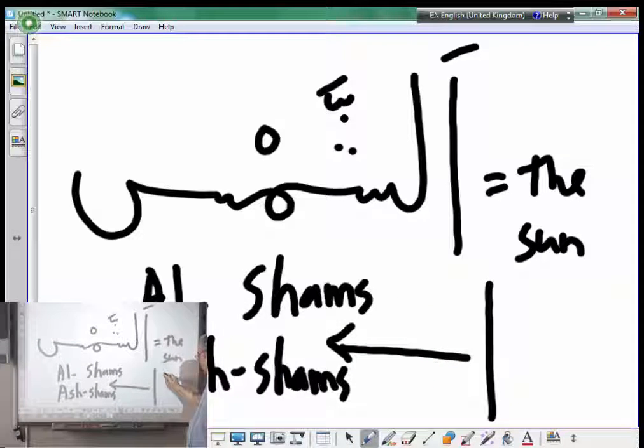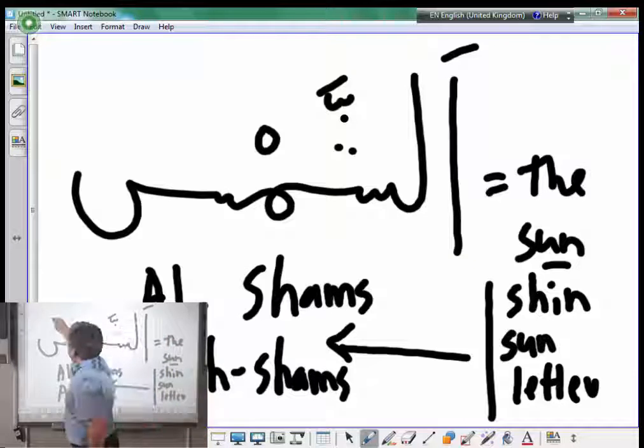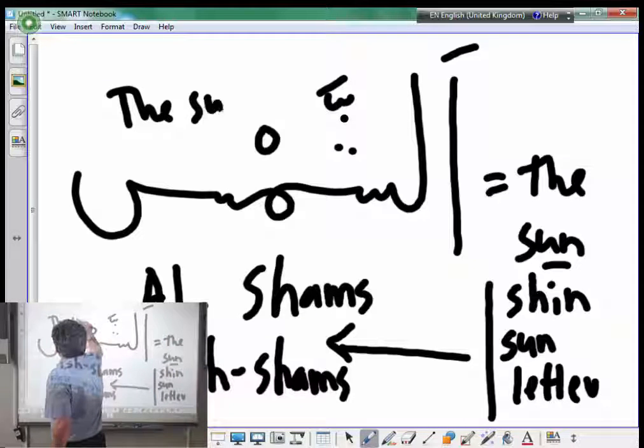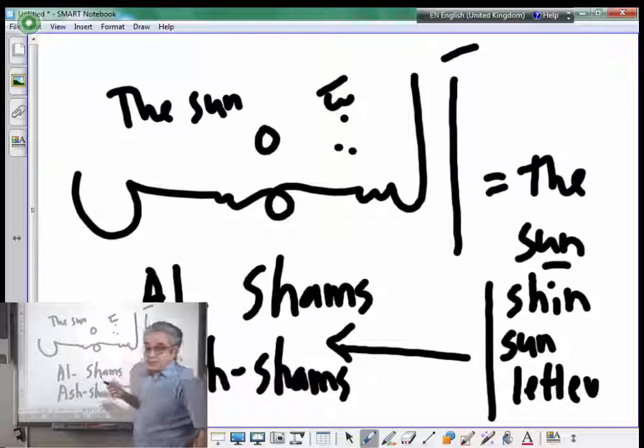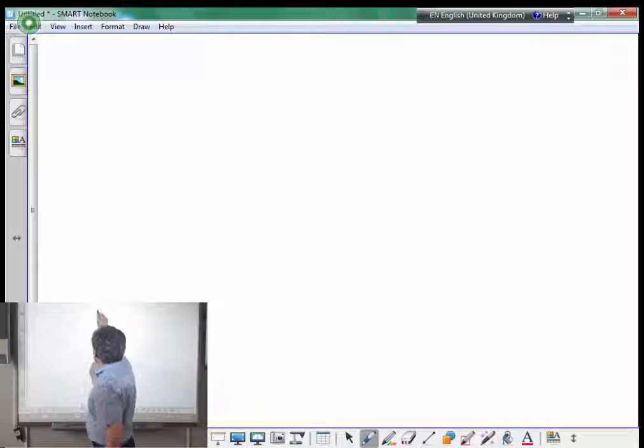According to that, we call sheen a sun letter, because الشمس means the sun. So all the letters that behave in the same way as the sheen, we are going to call sun letters. So let us see what these sun letters are.